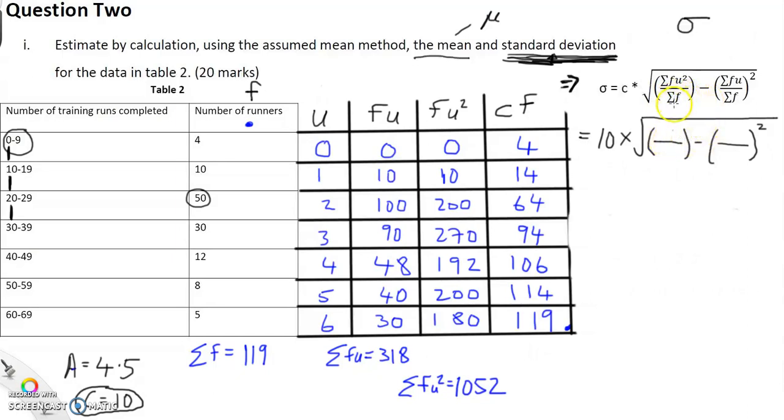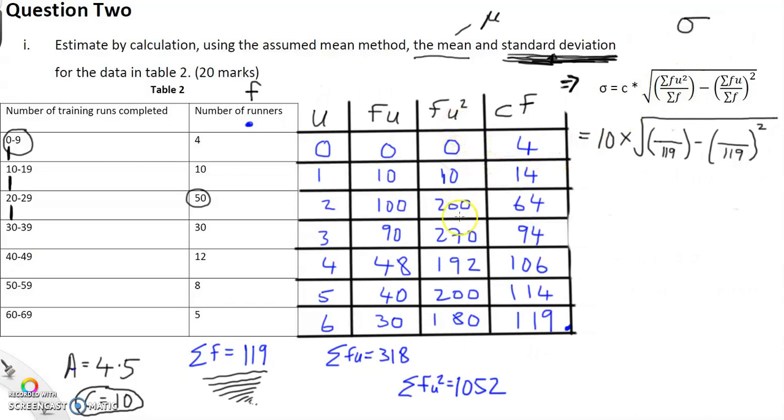Both fractions at the bottom have sigma f, which we worked out as 119 total. There were 119 runners involved in this data. So we can put in 119 there and 119 there in the second bracket. Now in the first bracket at the top we have the sum of fu squared.